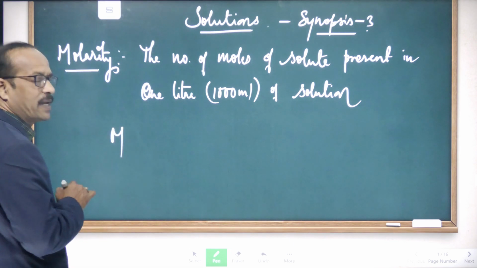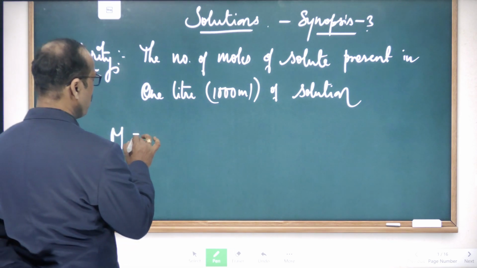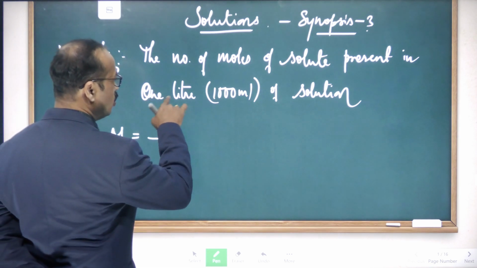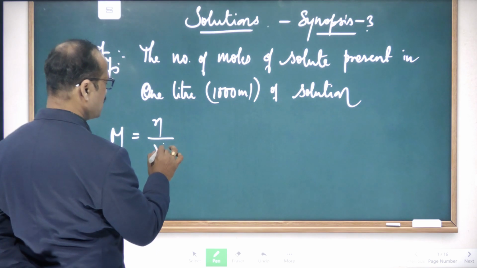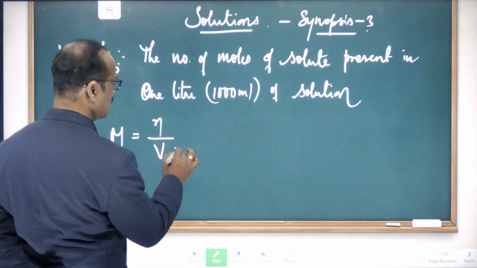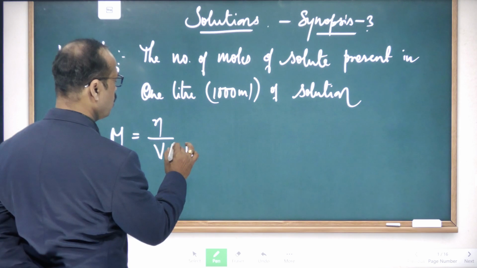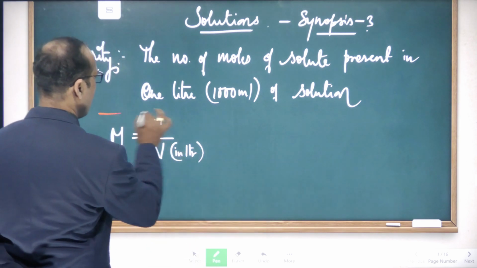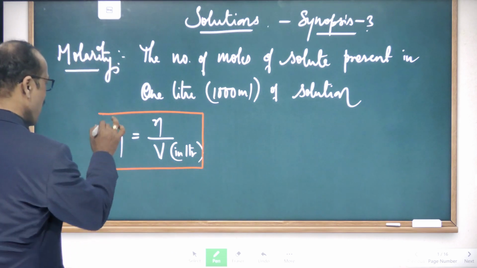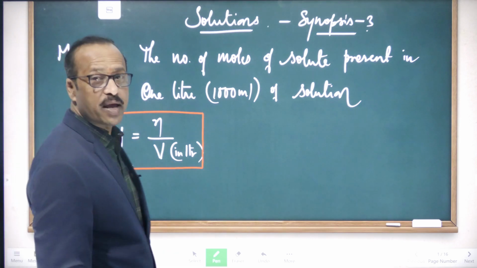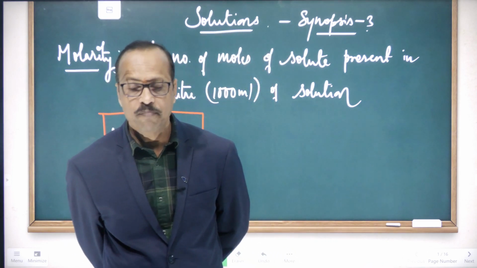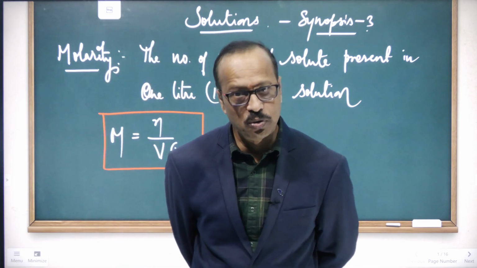It is denoted by capital M is equal to number of moles, denoted by n, by volume of solution in liters. That's all. The formula is very simple. M is equal to n by V, where M is the molarity, n is the number of moles and V is the volume of the solution.